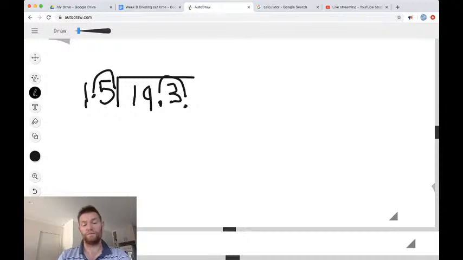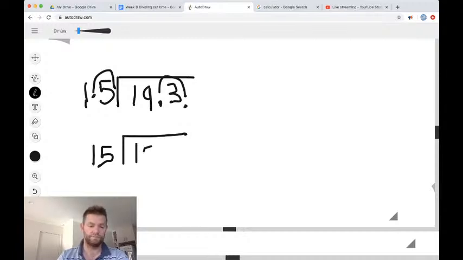So these problems become, instead of 1.5 into 19.3, it becomes 15 into 193. So it's exactly the same as what you've just done. There's no difference. The decimal places don't make it harder.